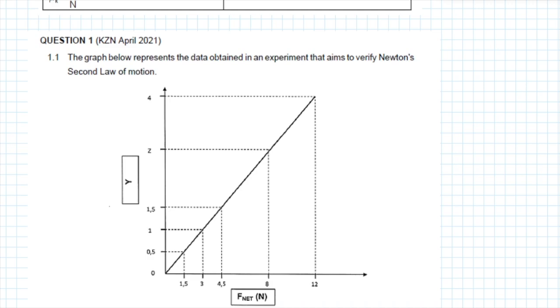So this question number 1 deals with Newton's laws, as I've mentioned, and I would like to recommend that with all of these videos you start off by attempting the questions yourself and then watching along to see how I work through it, to check if you're on the right track, if you remember all of the work that you've learned throughout the year, or if you may be missing something. And then of course you have the opportunity to correct yourself, to correct the answers and make sure that you don't repeat those mistakes in the future.